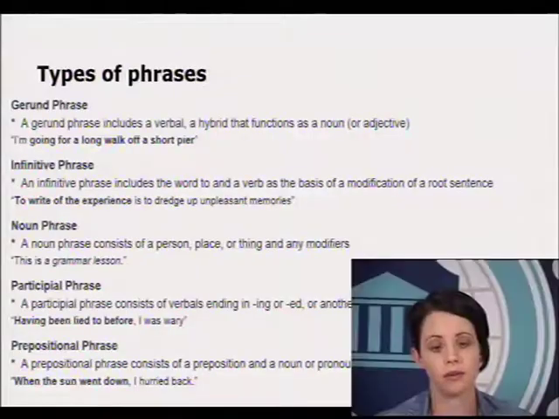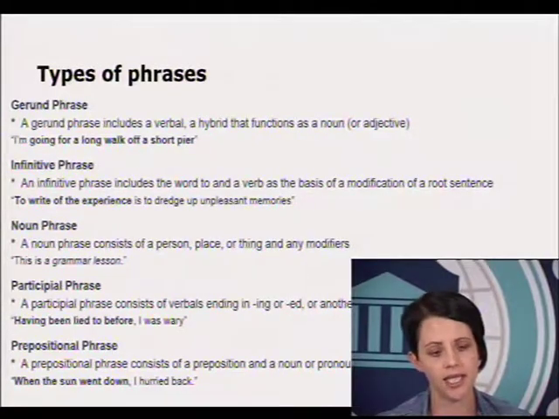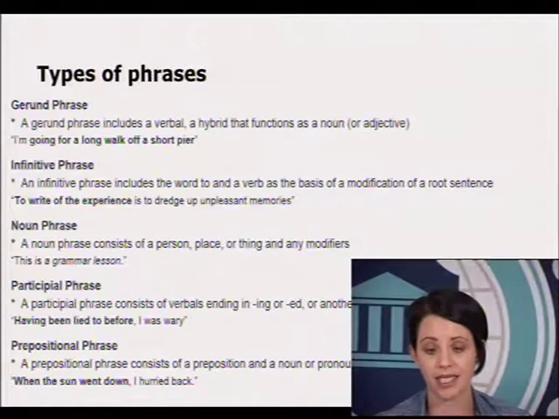Then more phrases. Types of phrases would be the gerund phrase. A gerund phrase includes a verbal, a hybrid that functions as a noun or an adjective. I'm going for a long walk off a short pier would be an example. An infinitive phrase includes the word to and a verb as the basis of a modification of a root sentence.